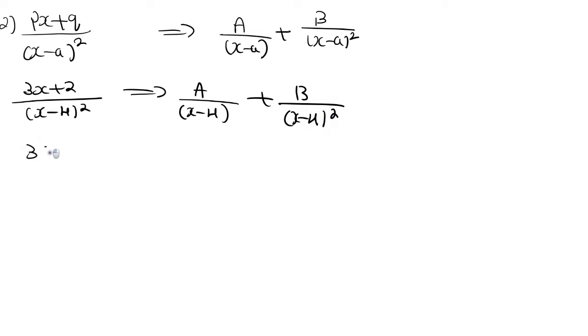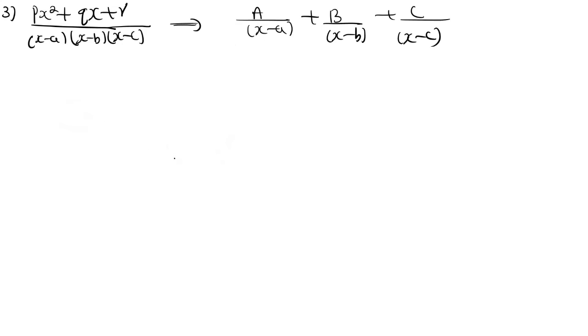So 3x plus 2 is equal to, the denominator of a has x minus 4, but here you can see x minus 4 whole square, right? So a into the remaining term, x minus 4, then only you get x minus 4 whole square, plus b into, x minus 4 whole square is already there, so here b only remains. Then you can do further simplification.